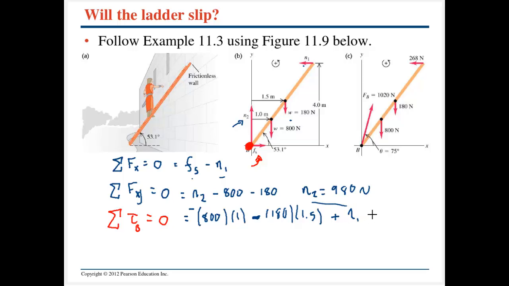So normal force 1 multiplied by 4 meters. This equation right here allows me to solve for normal force 1. I'm going to solve that out. It's going to be some number, and then I can use that with my sum of forces in the x direction to come up with the frictional force.